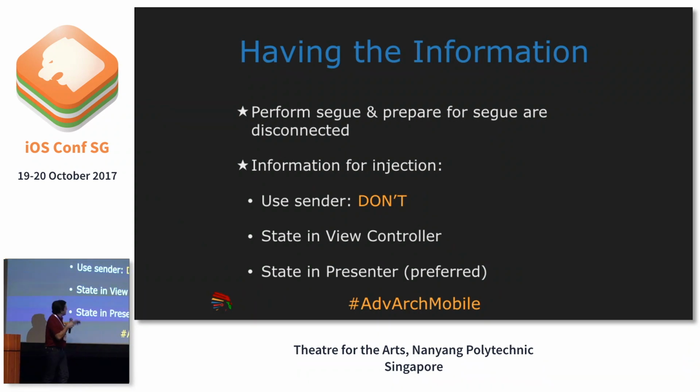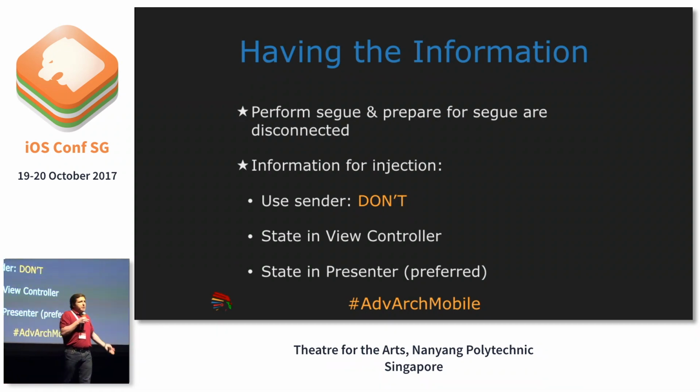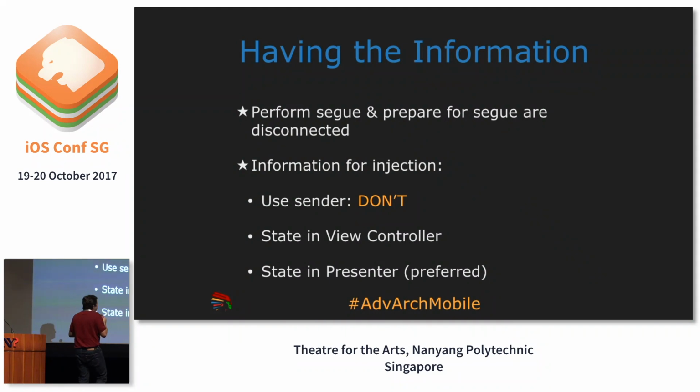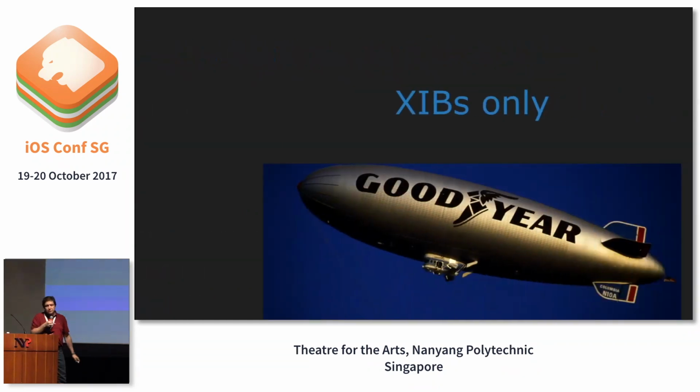And you can keep the state either in the view controller or in the presenter. If you take the first option, then probably your view would be a little bit smarter. You are adding intelligence to the view. Since what we want to implement here is a passive view, my recommendation would be to go with the state in the presenter. And how is this done?